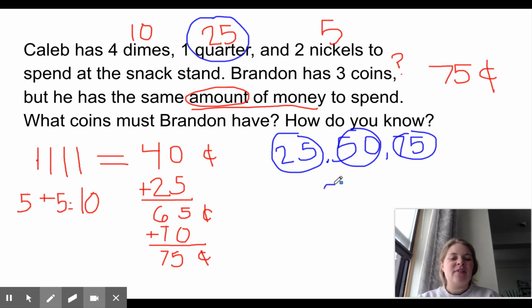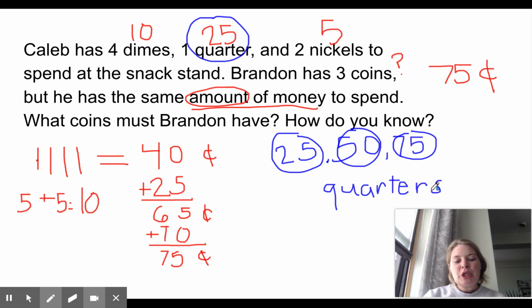Brandon must have quarters. And so our answer is not 75 cents, and it's not 3. The answer is actually quarters. Second graders, make sure that when you're doing your application problem, you're answering the actual question.